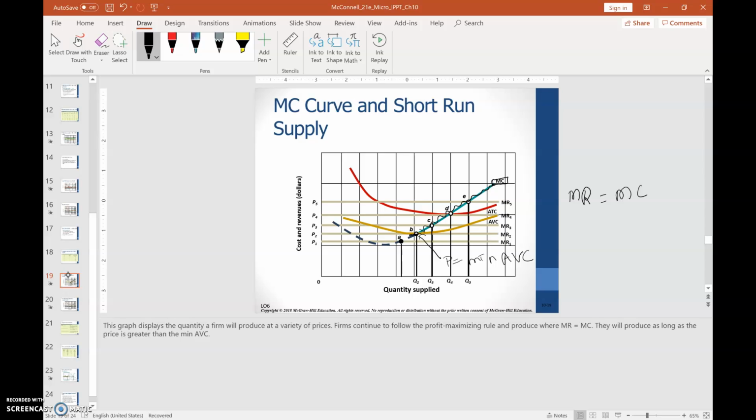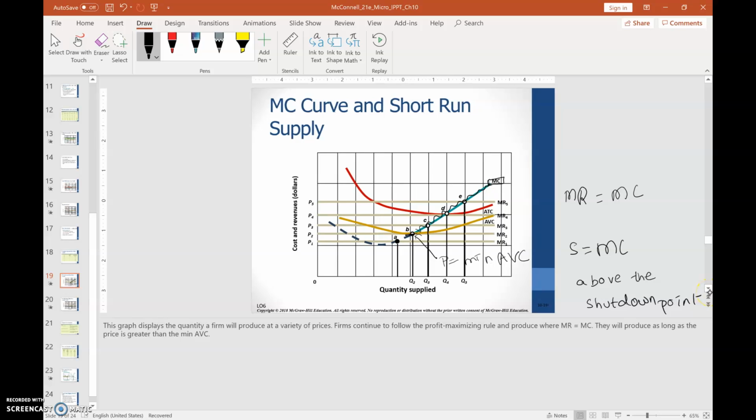So what we learned here is the supply curve is equal to marginal cost curve above the shutdown point. And this is when we are looking at a single firm.